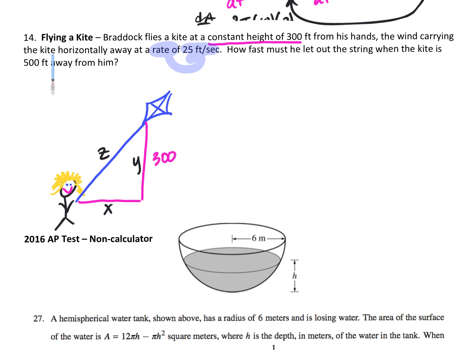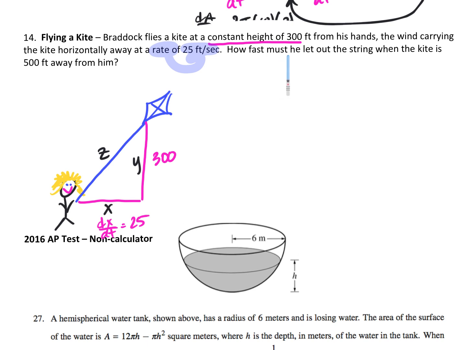So if it says it's carrying the kite horizontally at a rate of 25 feet per second, dx dt is 25. Horizontal rate. Horizontal variable X. The rate of that would be 25.